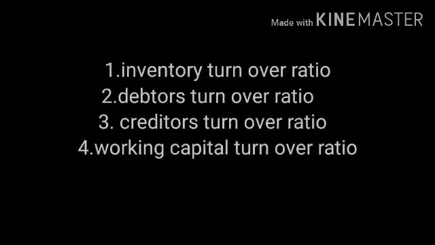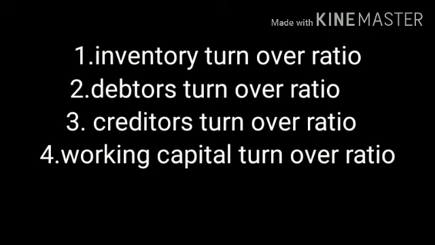Activity ratio is used to overcome this difficulty, and activity ratio shows the movement of current assets. That means the number of times it is converted into sales or cash. Different activity ratios are inventory turnover ratio, debtors turnover ratio, creditors turnover ratio, and working capital turnover ratio.